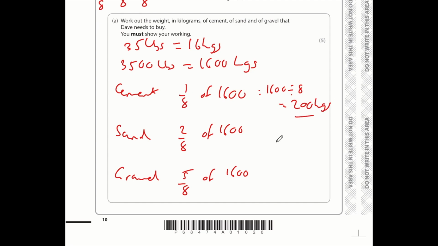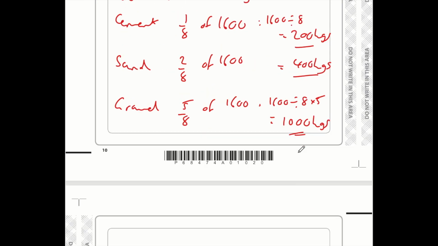If 1/8 is 200, then 2/8 is going to be double that, so 400 kilos. And 5/8 of 1,600, well, that's 1,600 divided by 8 times 5. So take your total, divide by the number on the bottom, and then multiply by the number on the top. Or you could have just multiplied this one by 5, which is probably easier actually. So 1,000 kilos. Okay, and we are done.